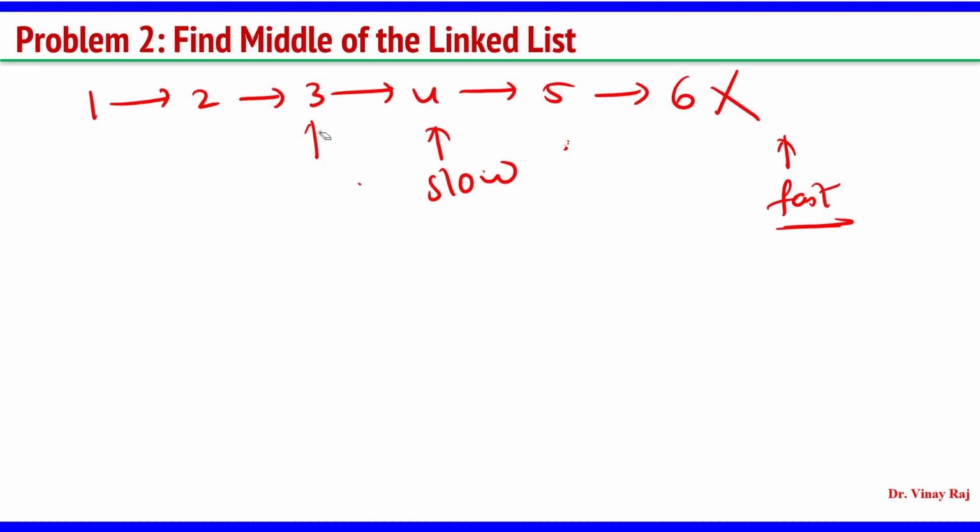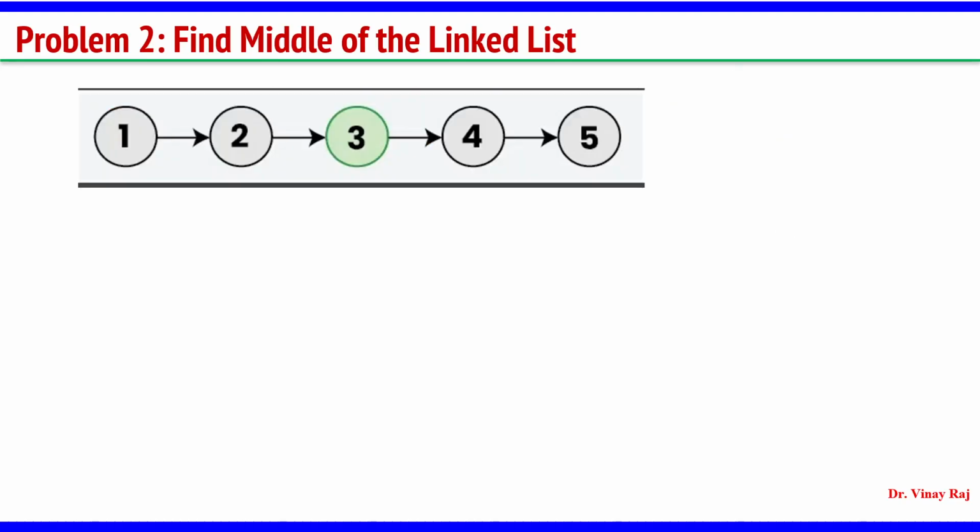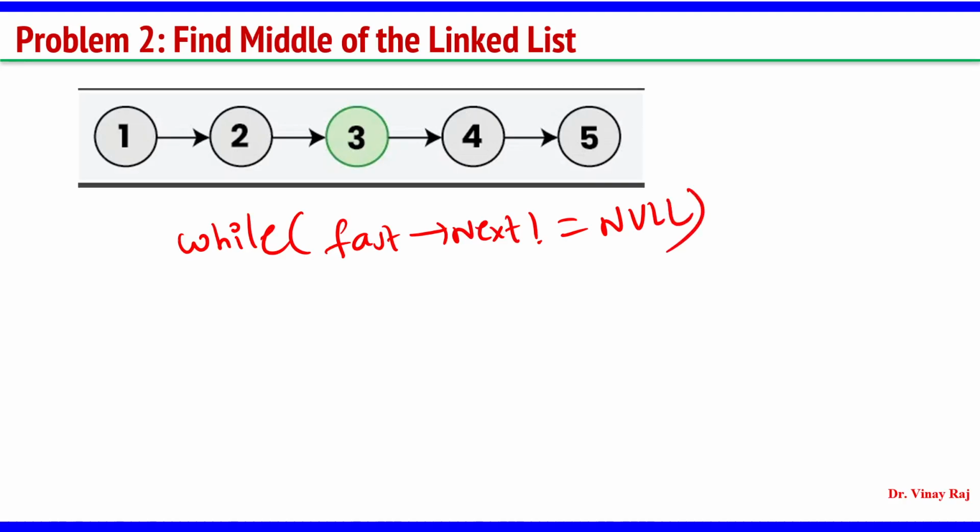The middle element will be given as 4 in this case, because 3 or 4 both are there, but since of the condition we wrote, while fast next not equal to null, this was our condition.